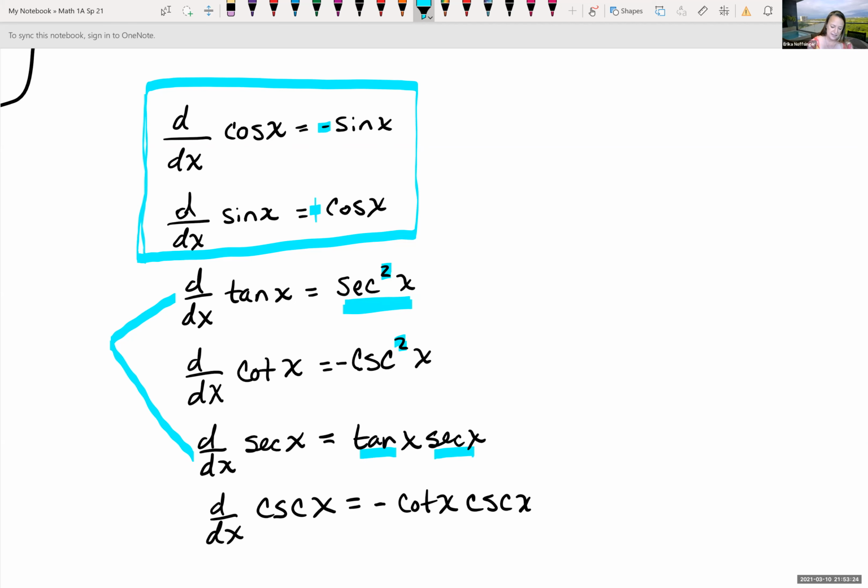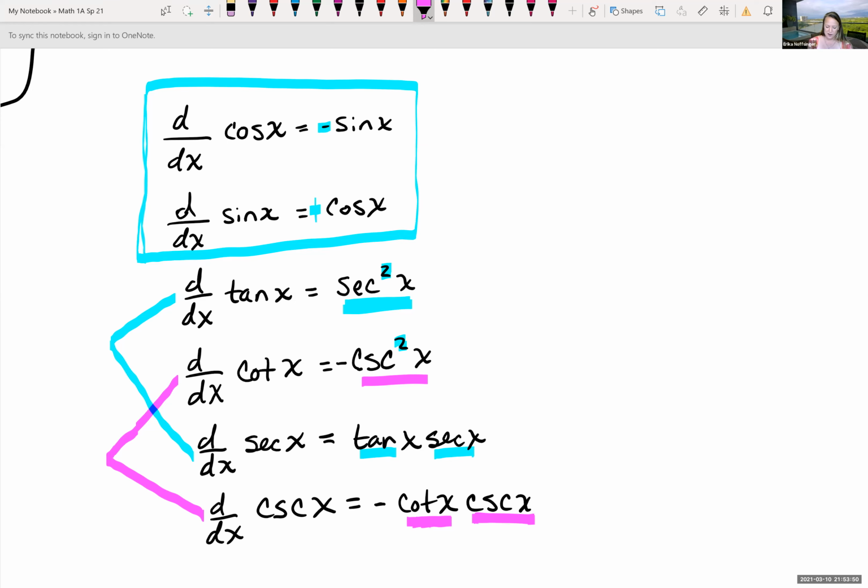Where if I look at cotangent squared of x, notice that the trig function it uses is cosecant of x. And in here, we have cotangent and we have cosecant itself and the one that uses it twice.